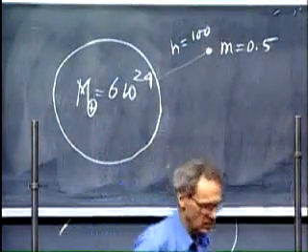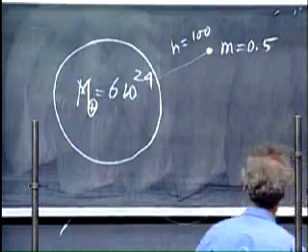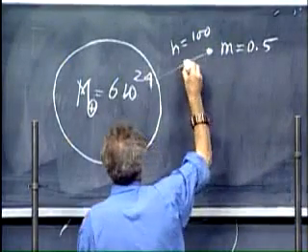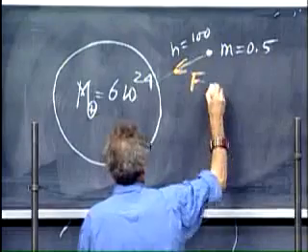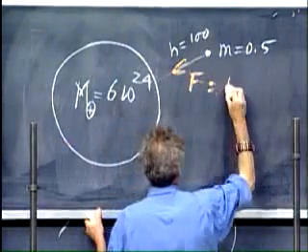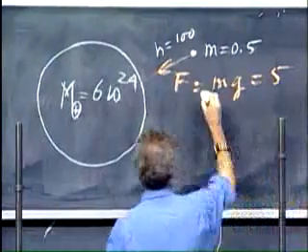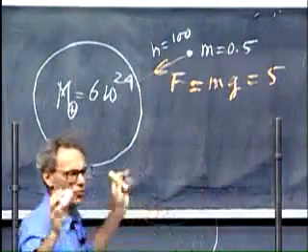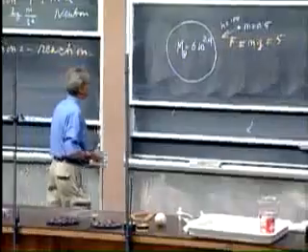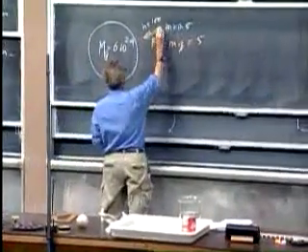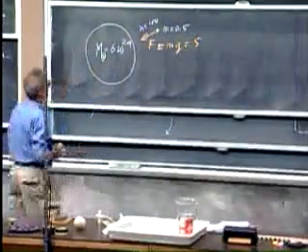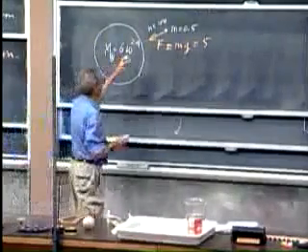There is a force from the earth onto the apple. And this is that force. And the magnitude of that force is mg, and that is 5 Newton. I take g as 10, just round it off a little. Now, how long does it take this object to hit the earth?